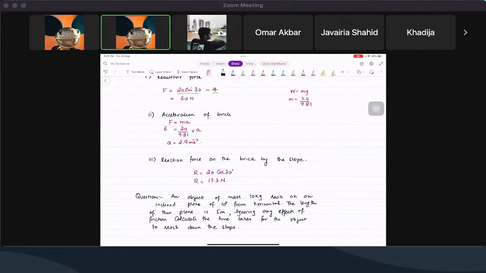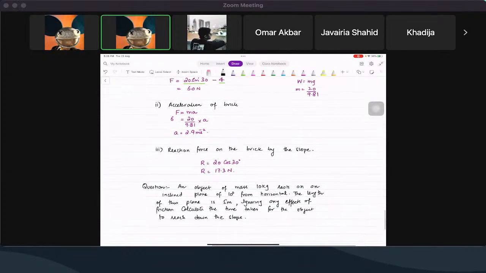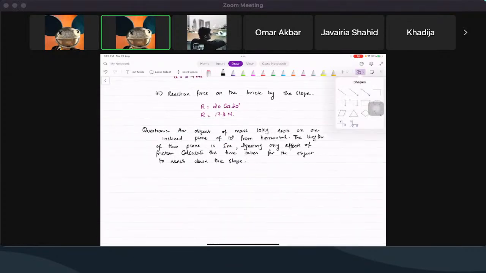Okay. So they have given you a sort of drawing where they have made this 10 degrees. There is an object right here. This distance they have shown is 5 meters, and that's it, right?